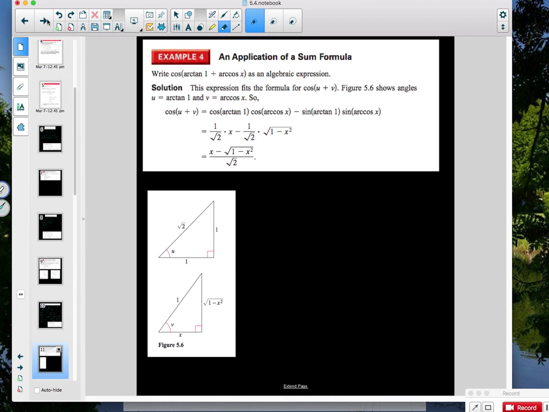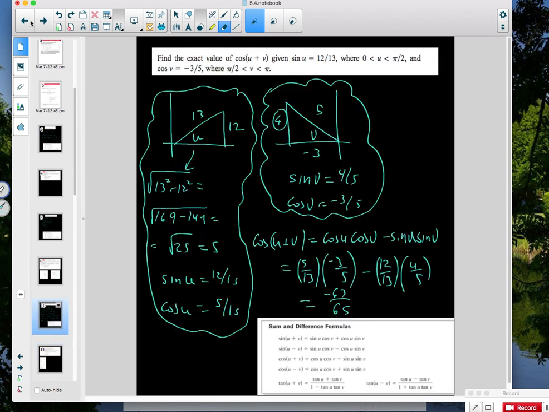I'm going to stop here. You will have homework, so I'm going to stop at this step. For Monday, you will have a quiz on 5.1 and 5.3, plus the homework for the first part of 5.4.